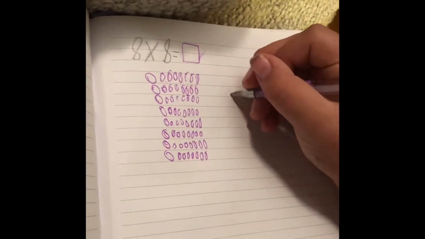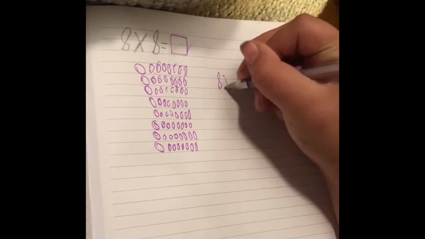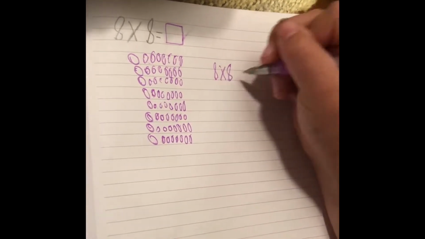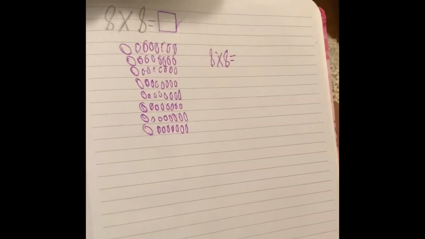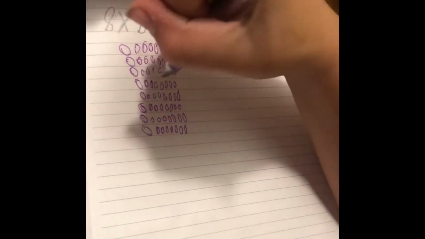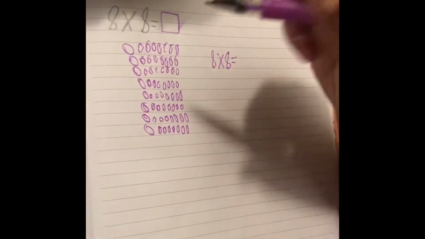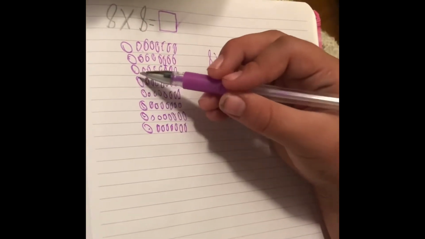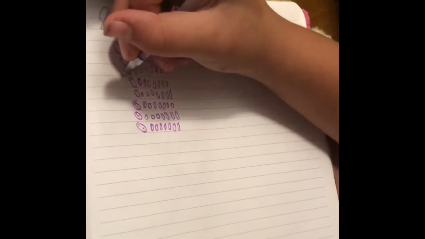So, I'm going to do 8 times 8 equals. Alright, and then you're going to split this up in 2. It doesn't have to be equal. So 1, 2, 3, 4, 5. 1, 2, 3. Doesn't have to be equal.